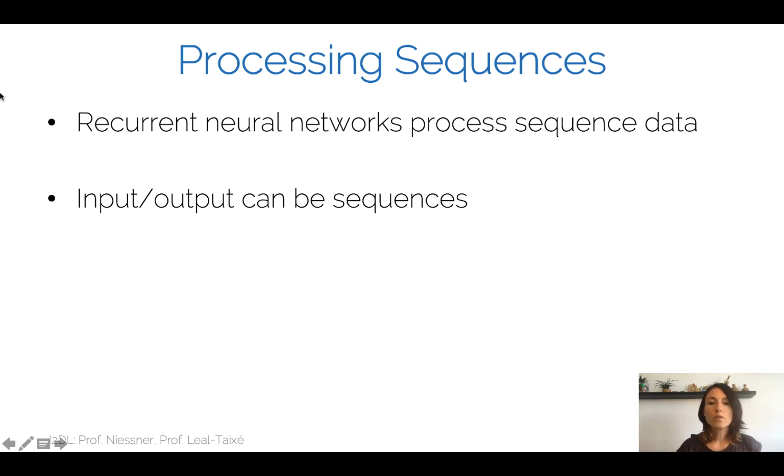That is, we don't have the classic input-output that we have been talking about. For example, one input, that is an image, and one output, that is a label, for example, cat, dog, or chair. But now, with recurrent neural networks, we're going to have a sequence of inputs. So our input is not going to be one element, but a sequence, a set of elements.